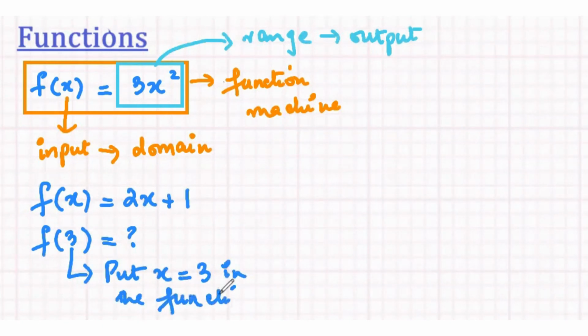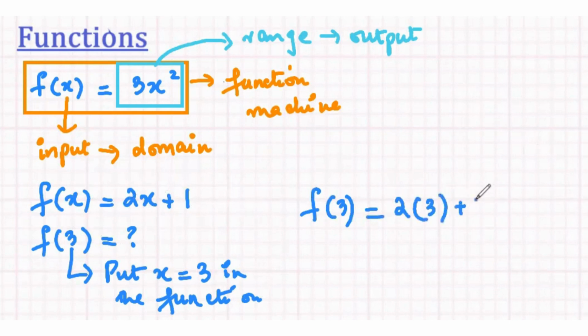Because if we compare the original function f of x with f of 3, we can see that the only difference we have is that x has been replaced by 3, which means x is your domain for this function 2x plus 1. So f of 3 would be 2 times 3 plus 1, which is 6 plus 1, and that is 7. Which means when x is equal to 3 for this function, the value of the function is 7.